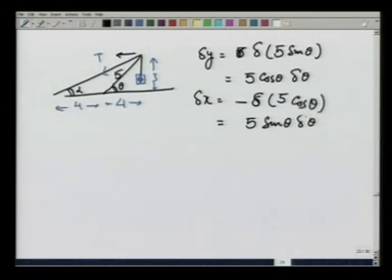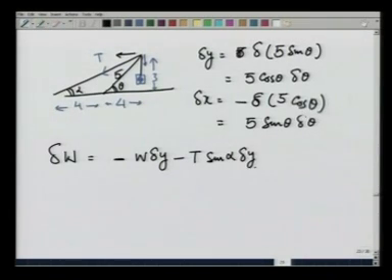We have calculated both x and y components, and therefore, the total work done delta W is going to be the weight and delta y in the opposite direction, so minus W delta y. The T has a vertical component at this point going down, which is T sine alpha delta y, and T has a component going towards the left, which is T cosine alpha. So, that is T cosine alpha delta x, and the total is equal to 0.